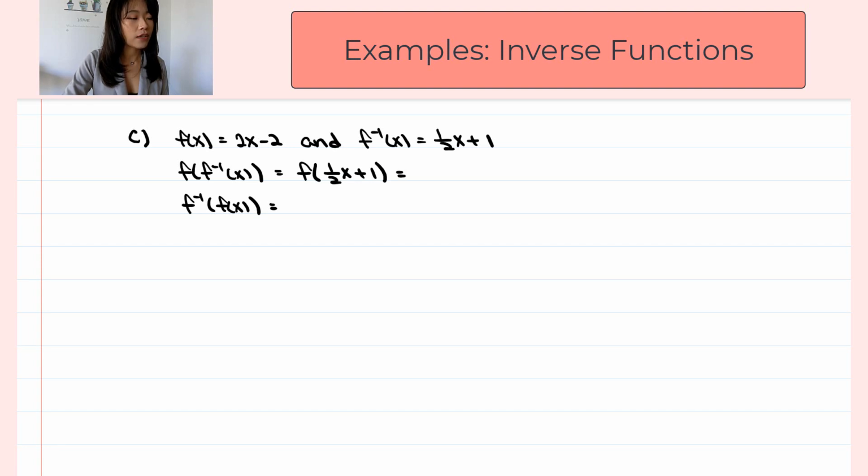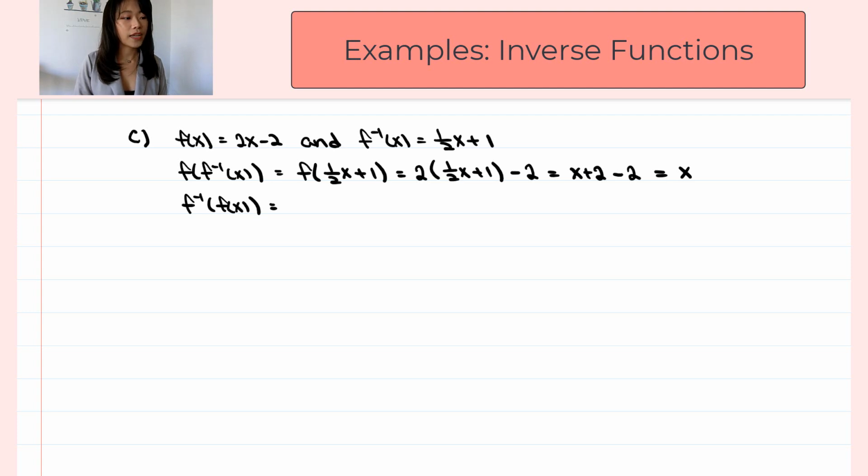And function f is 2x minus 2. So I'm going to replace the x by the input, which is half of x plus 1, then minus 2. This equals, I expand the bracket, I get x plus 2, then minus 2, which equals x.